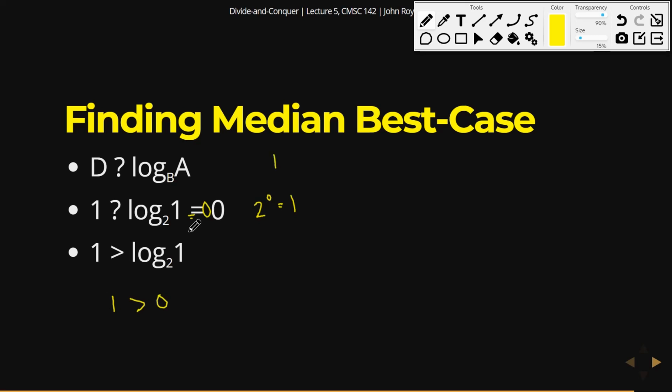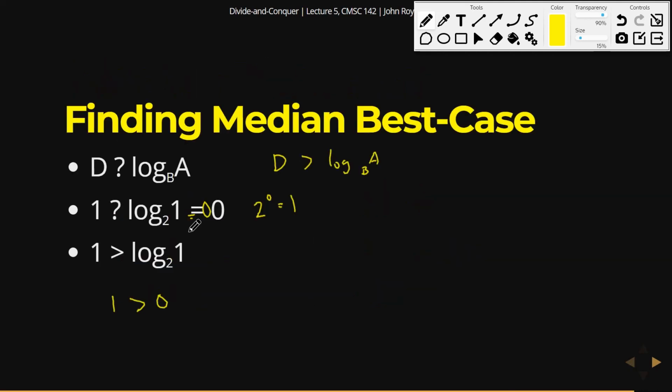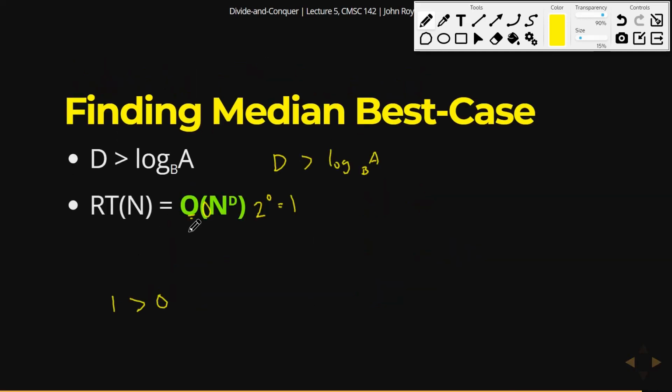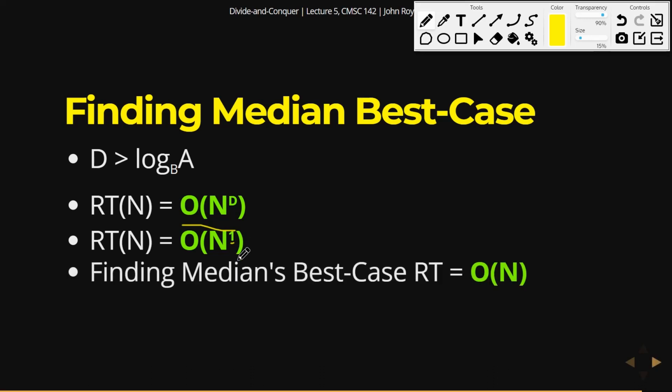So since D is greater than log of A base B, which one should we follow? We should follow the first one. So this time we'll follow n raised to D. So if you follow n raised to D and D being 1, naka O of n siya. So finding the median's best case is O of n, just like we mentioned earlier.